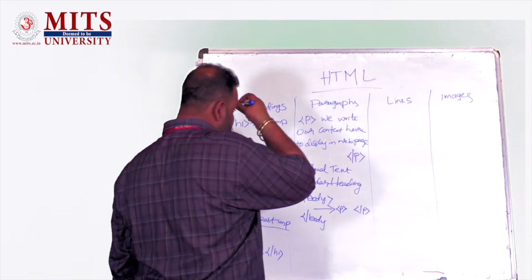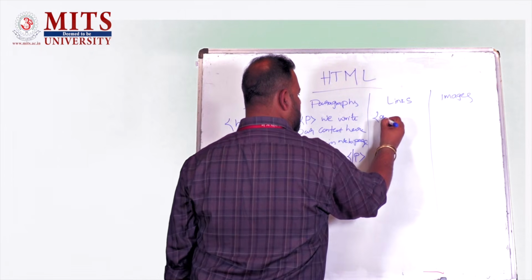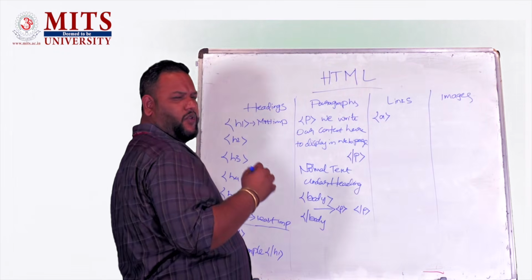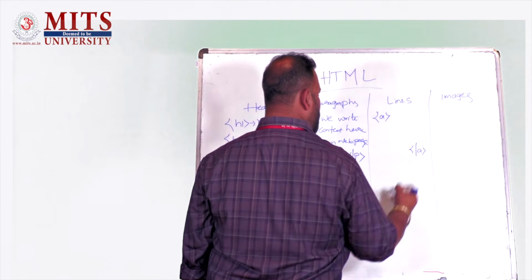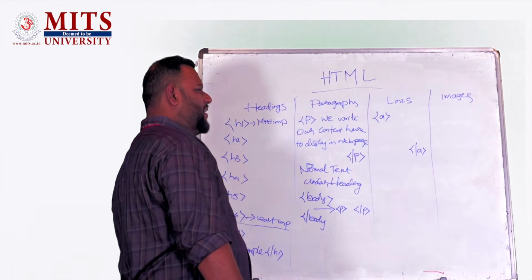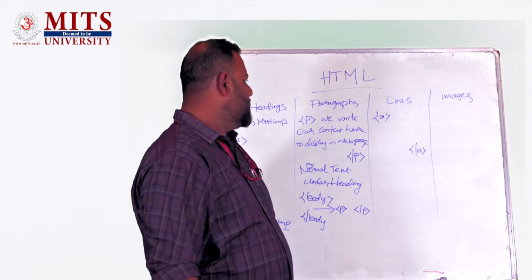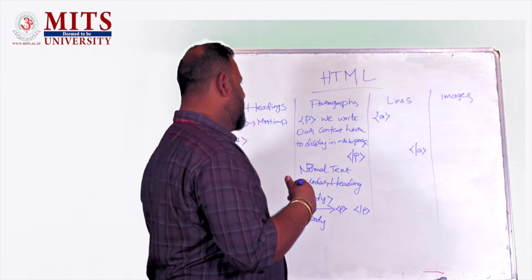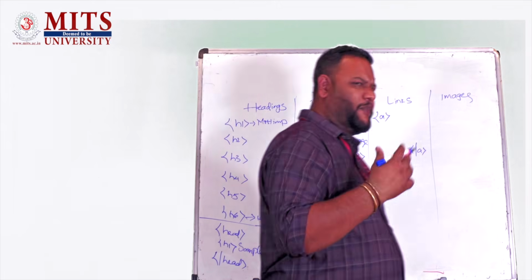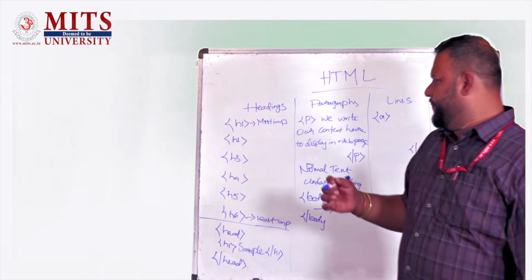Coming to links, we are going to use the A tag to create a link. We close the A tag. Anchor tags make the text inside them visible as a link, so it will be in a different color, in a different manner, visible to the user.